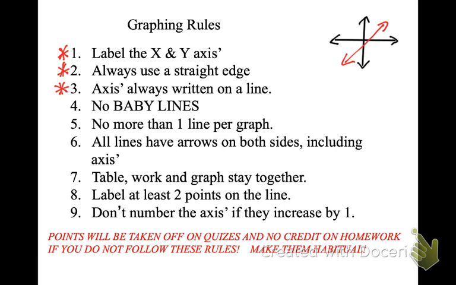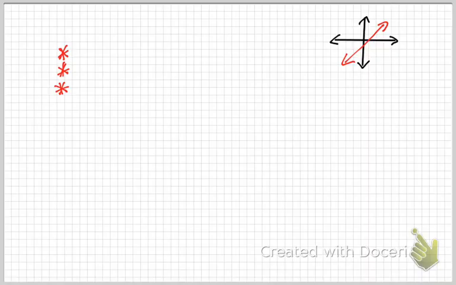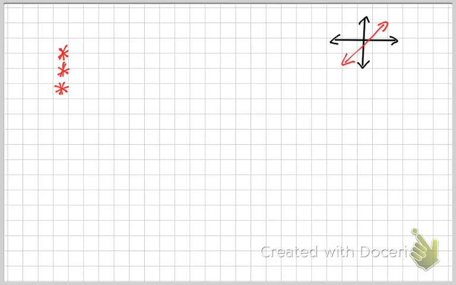Okay, one more time. I'm going to go back. When we're doing this, let's go to big graph paper. I want the x-axis to always be on a grid line. Do you see that, Cameron?